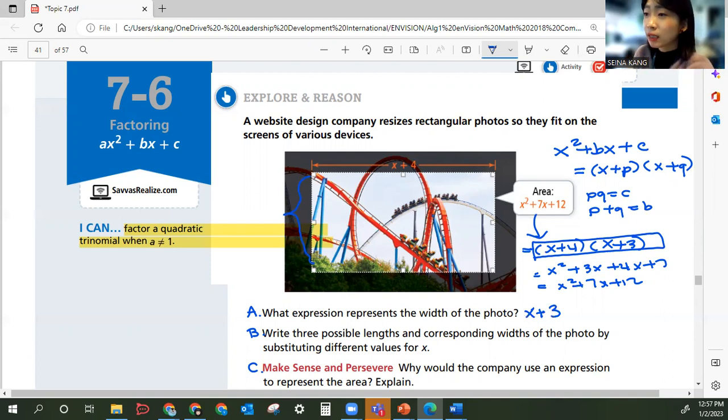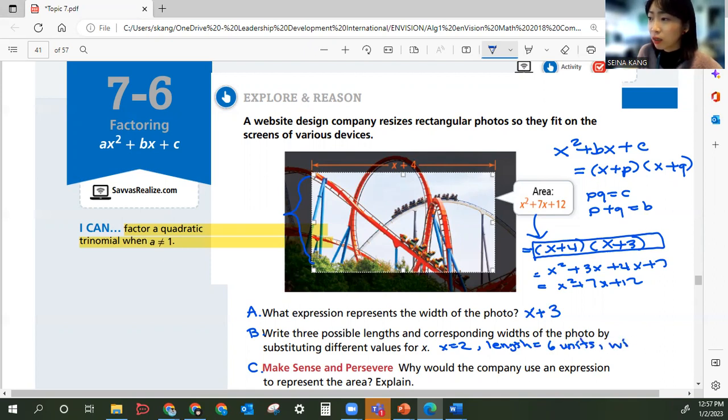So when x is equal to 2, the length is how many? Length is x plus 4, so 4 plus 2 is 6. Length is 6 units.